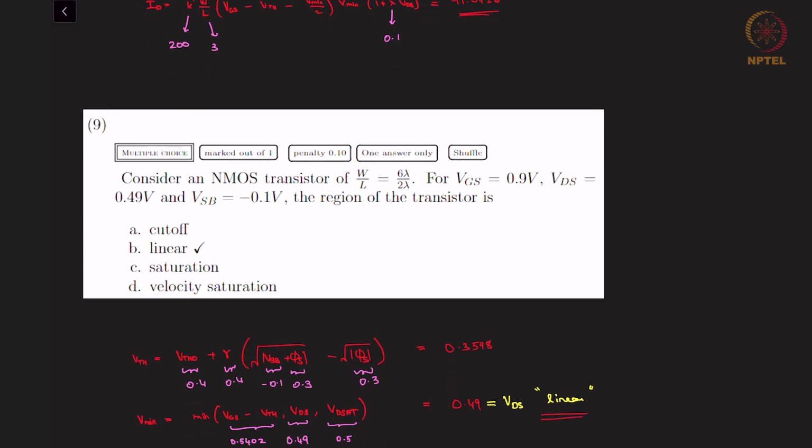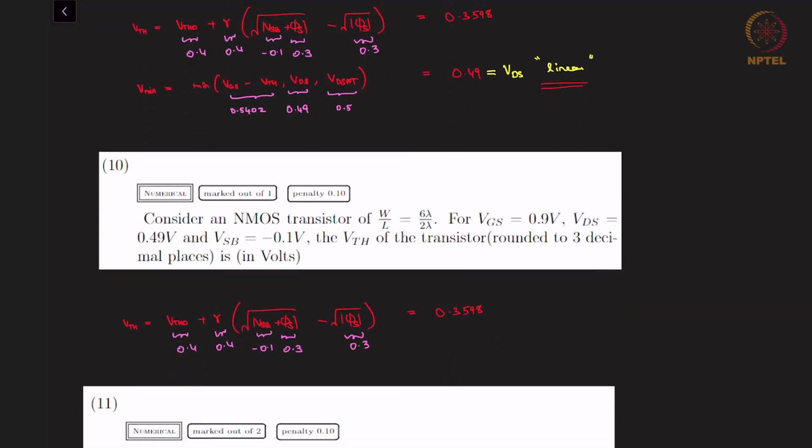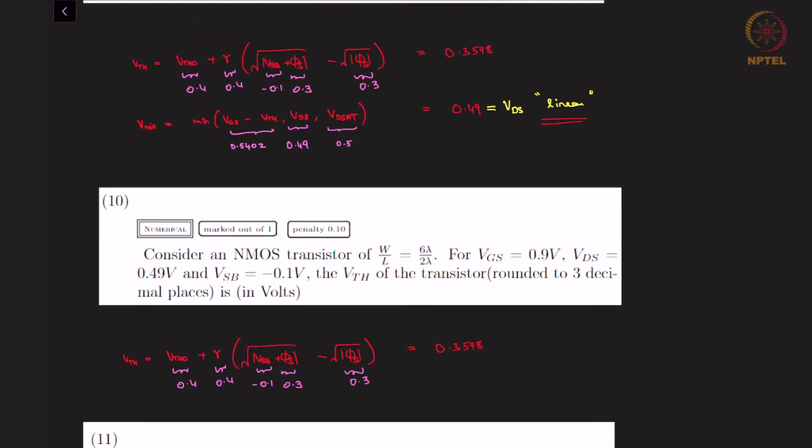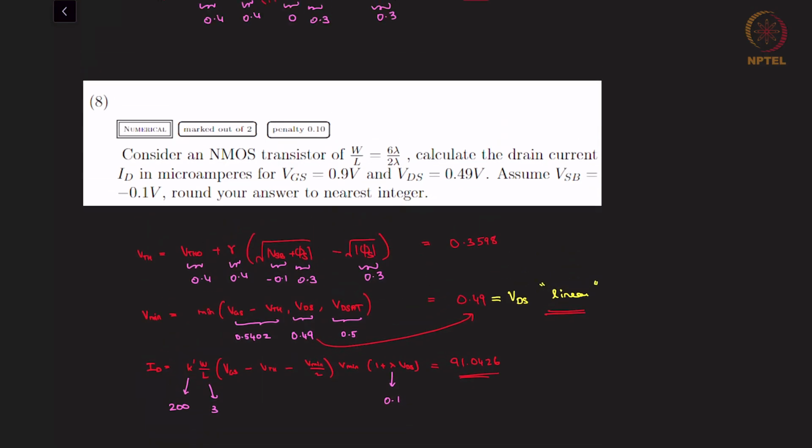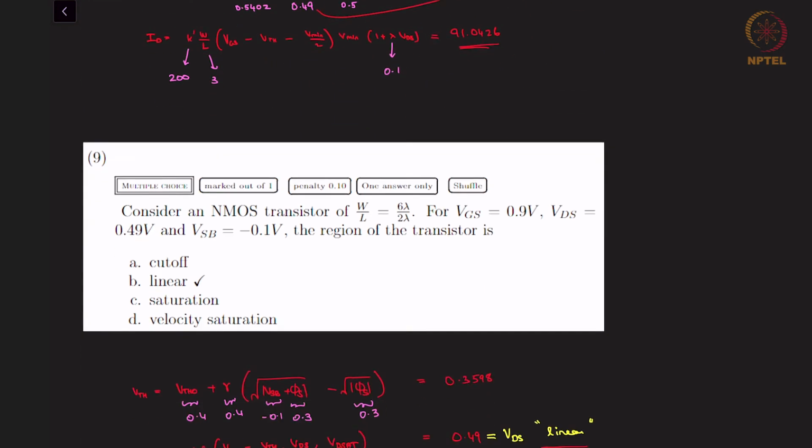So this is just the region for the previous problem. Interestingly, in this problem we have a non-zero value of body bias, and because of that the threshold voltage is actually lesser than the threshold voltage without body bias, that is 0.4. So it has gotten less than 0.4.